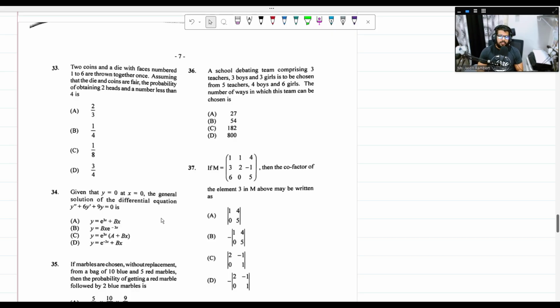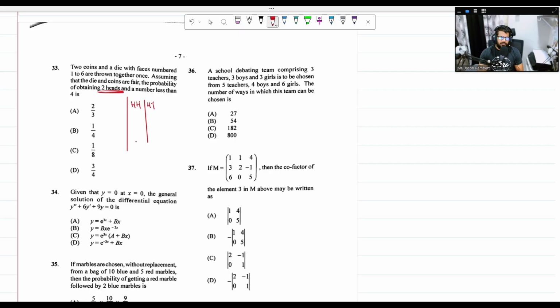Two coins and a die with faces numbered 1 to 6 are thrown once. Assuming that the die and the coins are fair, the probability of obtaining less than 2 heads and a number less than 4 is. Alright, so we have to draw a possibility space diagram for this. So 2 coins. We could get heads, heads, heads, tails, tails, tails, and then tails, heads. So we only want the two heads, right?